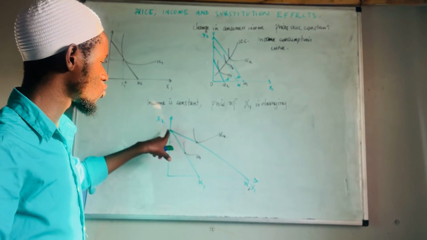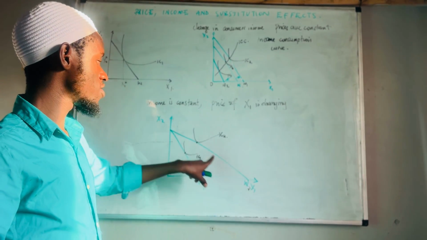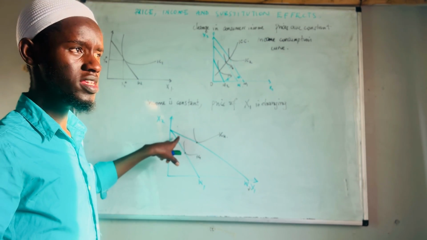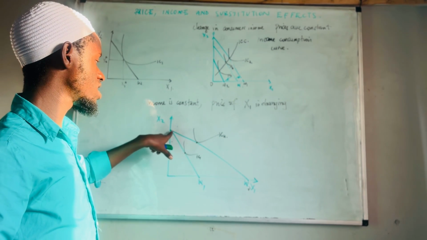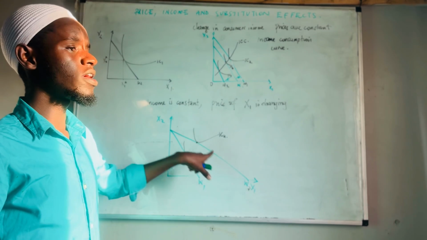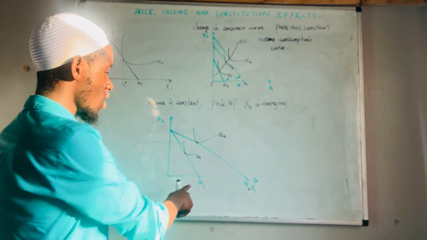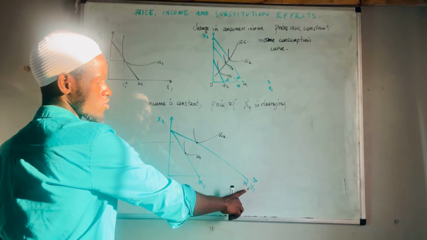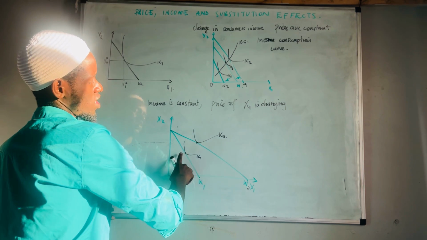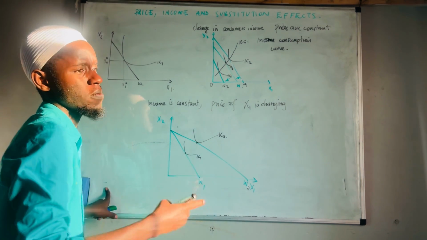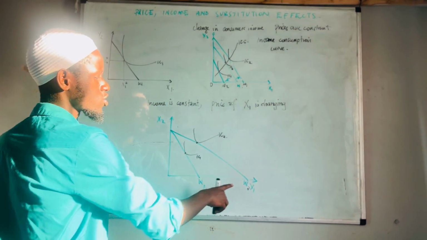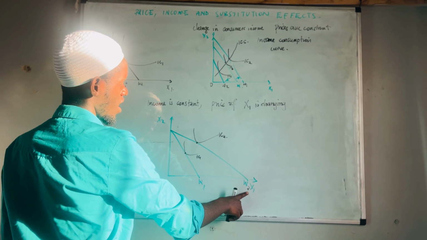I will be able to consume more X1 commodities using the same budget which I had. W1 and W2 are the same budget, but what has increased is your purchasing power for X1. You are able to consume more X1 because its price has gone down.